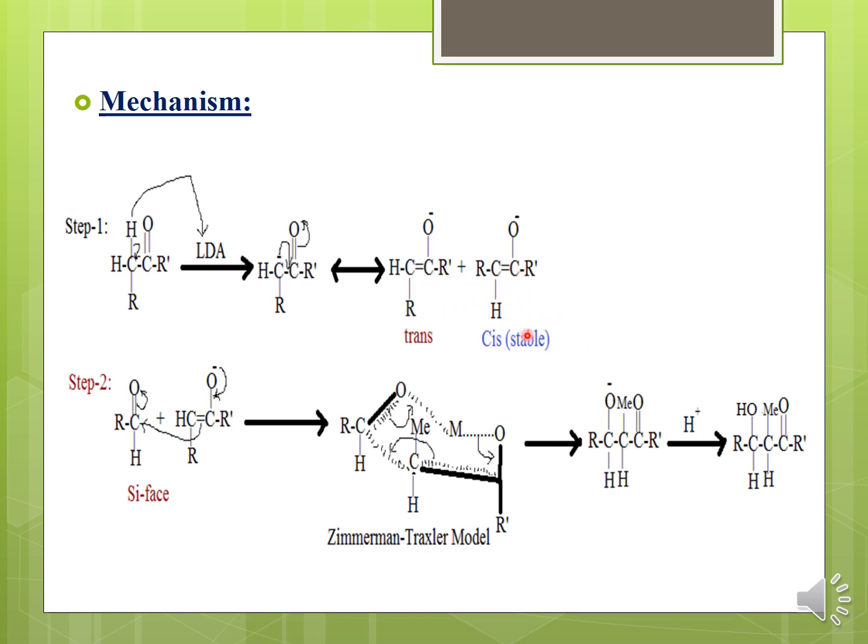Okay, so in the second step, you can see the Si face and Re face. The Re face is the clockwise direction. The Re face is nothing but the face of the molecule which is viewed in a clockwise direction. The face viewed in an anti-clockwise direction is the Si face.